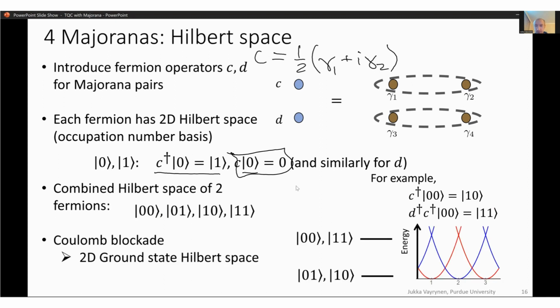And as I already mentioned, if we use the Coulomb blockaded setup, then there will be a ground state manifold, which just consists of these 2 states that have the same total charge, and the other 2 states that have charge 2 will be at some higher energy if we are sitting near the bottom of this parabola.